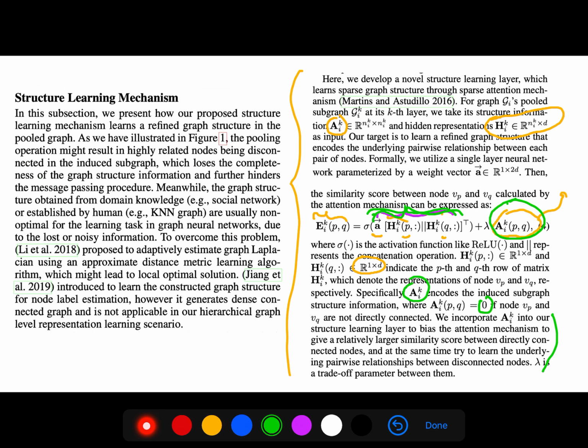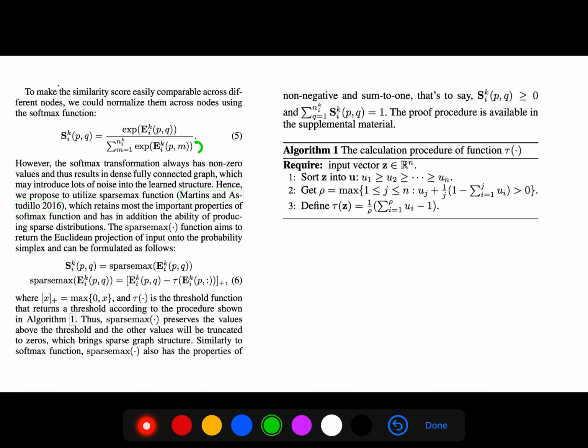So here P and Q could be far away nodes. So here we have some graph, and the graph is connected to Q, and another direction is connected to P. So we normalize it, and then the softmax always has non-zero values. Then they give it to sparsemax, which aims to return the Euclidean projection of input into the probability simplex.